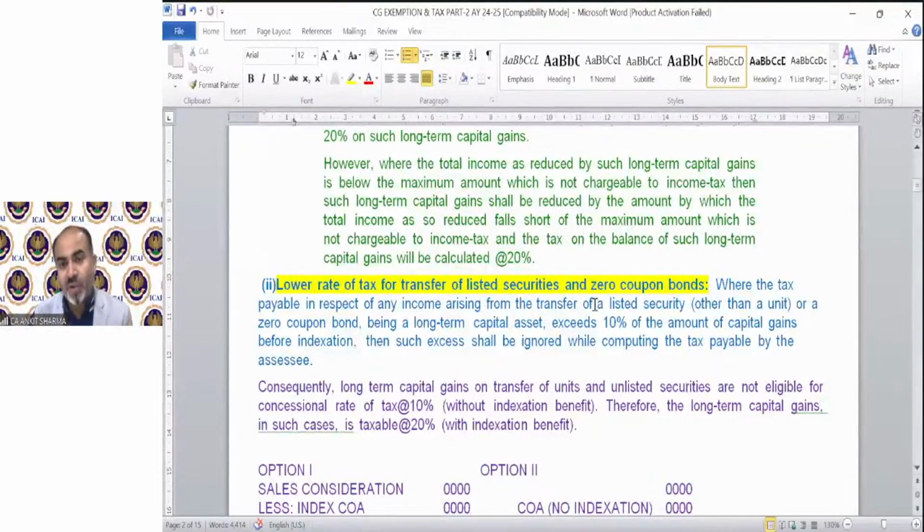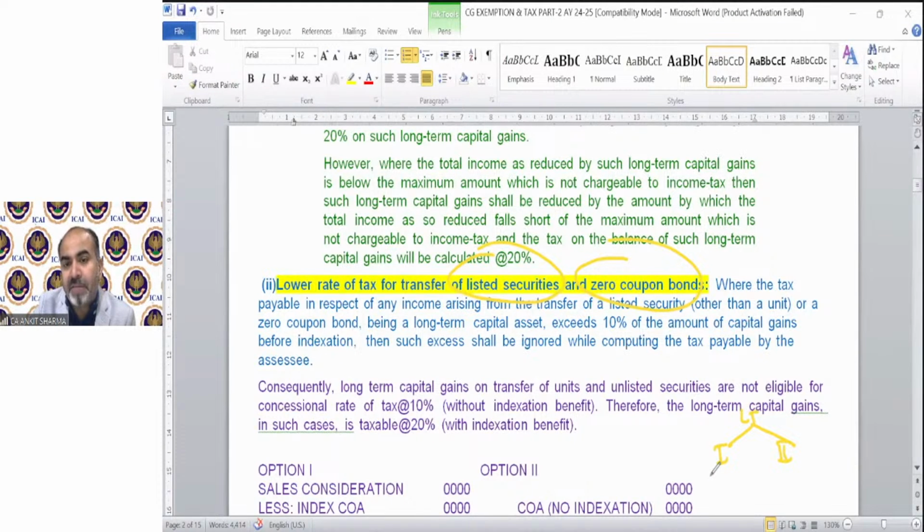But in this case, you have an option also to tax them at 10% without the benefit of indexation. So it is saying that if you have listed shares and zero coupon bonds, then if they are long term, there are two options.